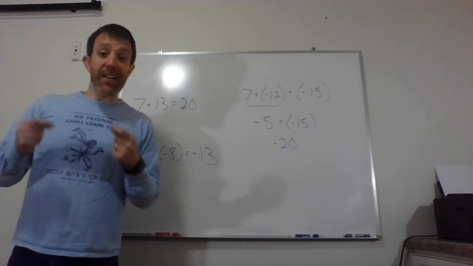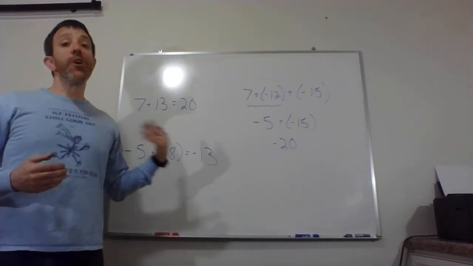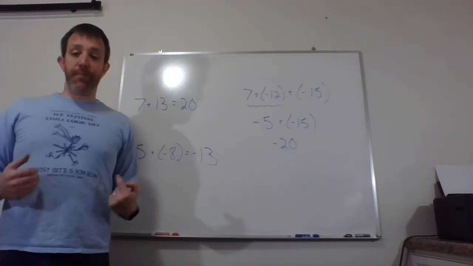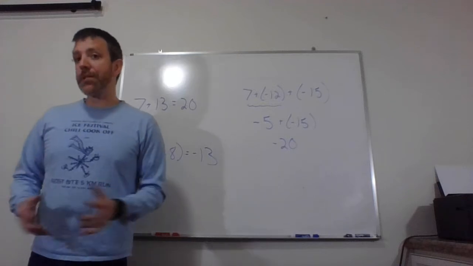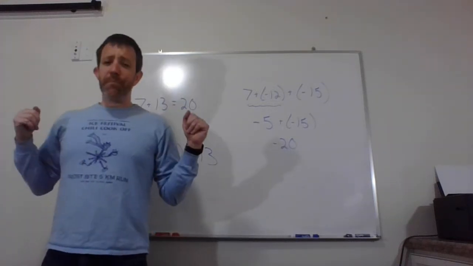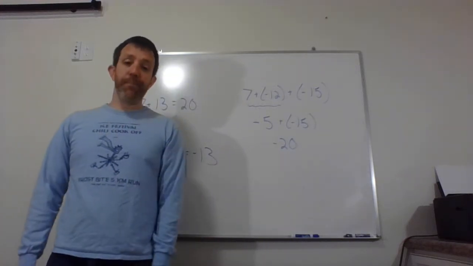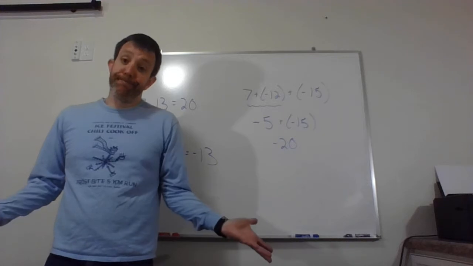Two debts do not cancel each other out. So when we add negative numbers, we still get a negative number. I really wish those debts would cancel because I have a mortgage and a car loan, and wouldn't it be nice if those two debts just knocked each other out. That would be wonderful, but it doesn't work that way.